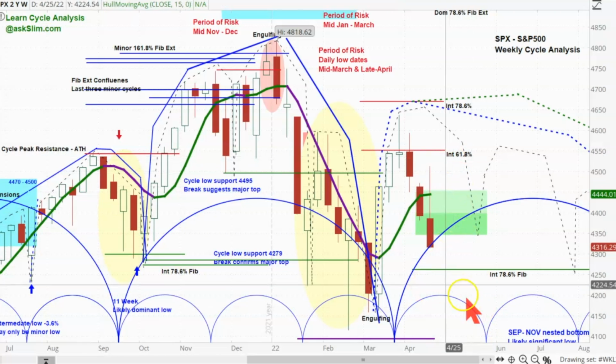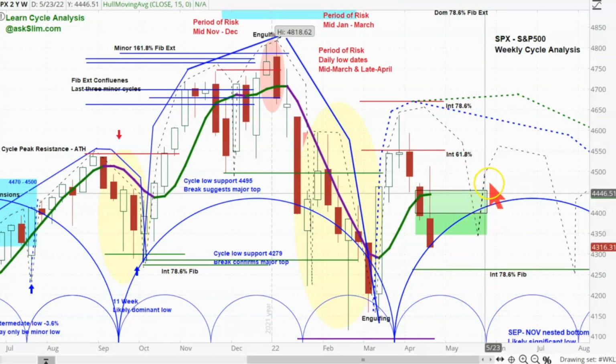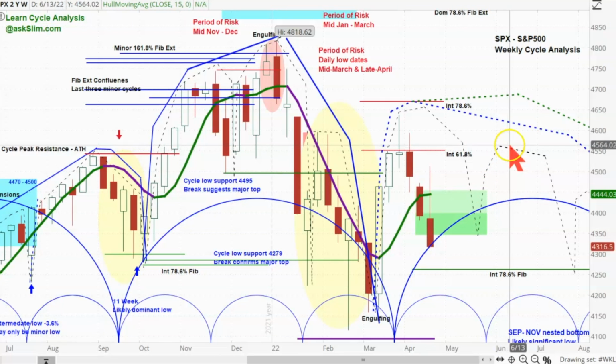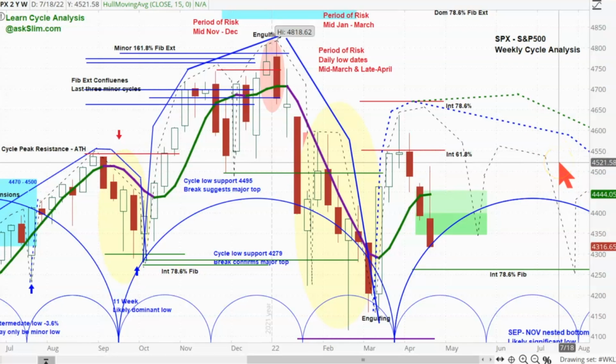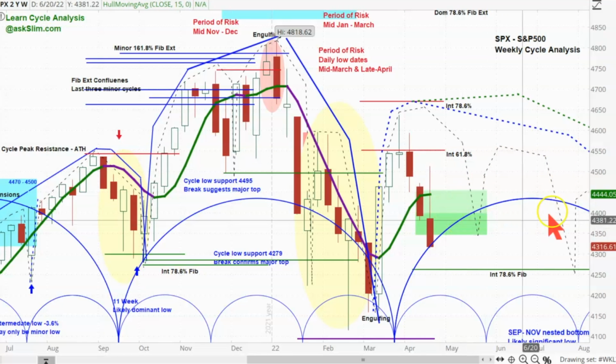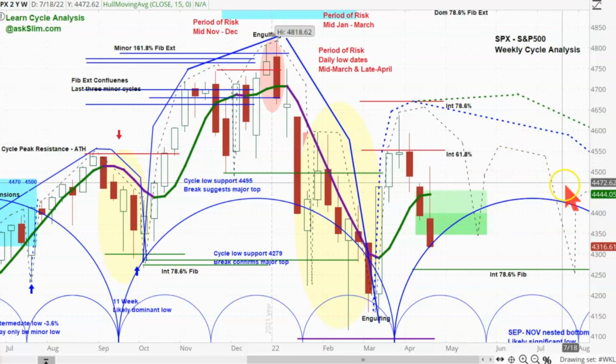You can see this minor cycle. Then there would be a rally into May, potentially early June, and this is where the really big risks pick up, and we talk about bear markets and needing to sell and reduce positions. This is really the time that would be necessary to do that.